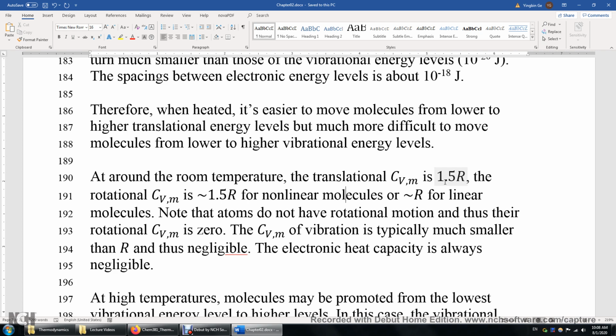Therefore, the translational CVM is 1.5 R. If you imagine there is a four-dimensional universe, in that universe, the translational CVM is 2 R.